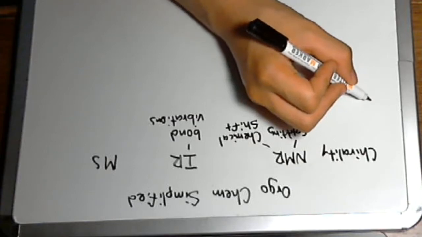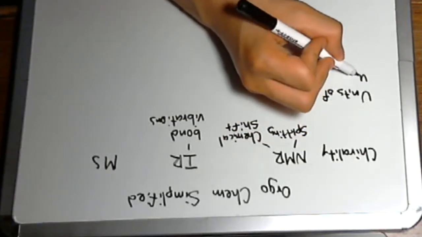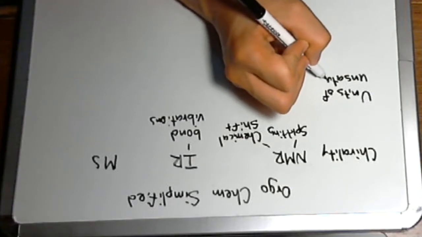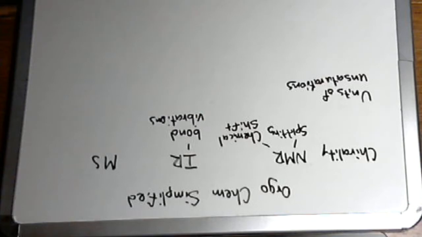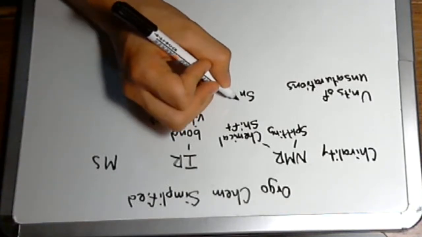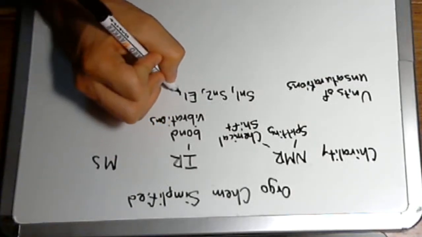So units of unsaturation. So how many double bonds there are in a molecule. Next thing you want to know, SN1, SN2, E1, E2.